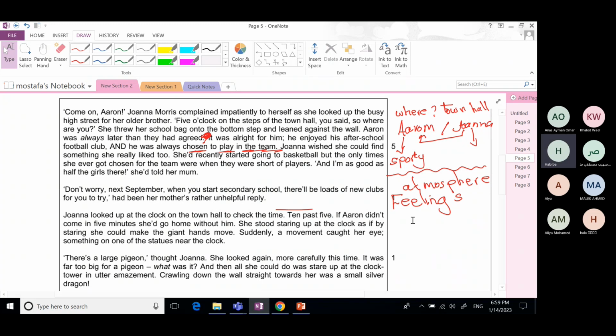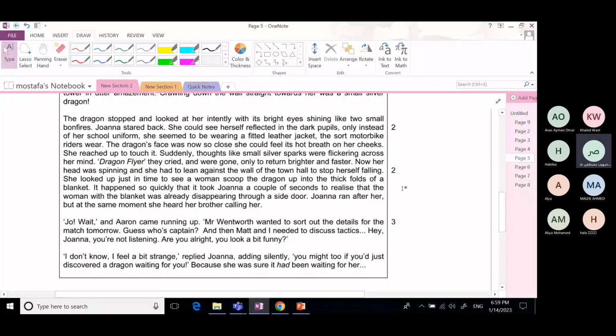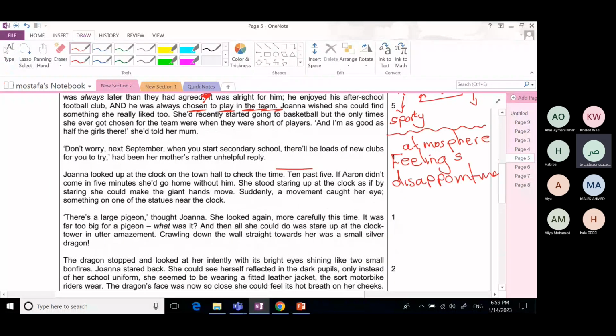She feels sad. Exactly. So in the first paragraph there is disappointment, or let's say sadness, or maybe hopelessness.